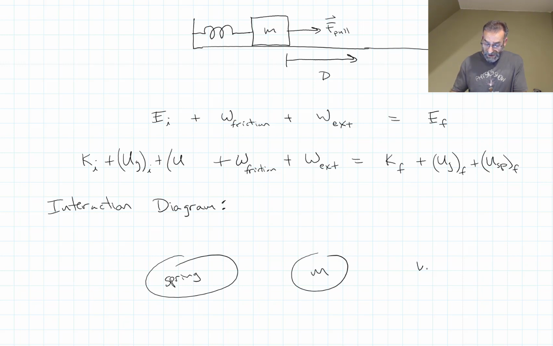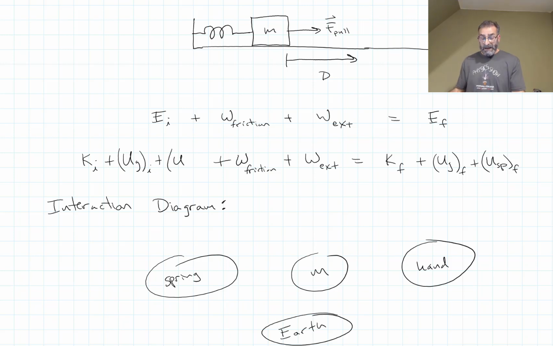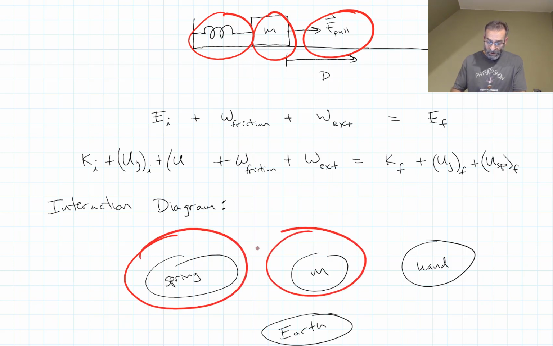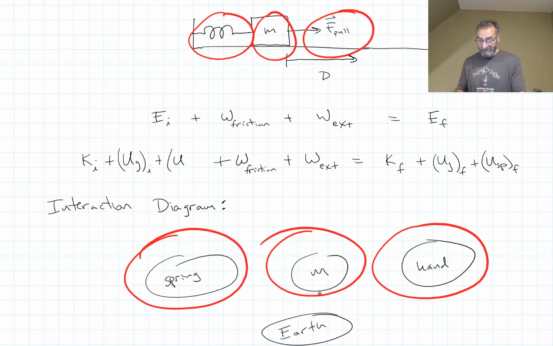I've got a hand or something pulling on the mass. And I've got the Earth. When I draw these, I try to draw them in the relative orientation they are in the problem. Here I've got a spring followed by a mass followed by a pulling force, my spring followed by my mass followed by my hand, which is pulling on everything.